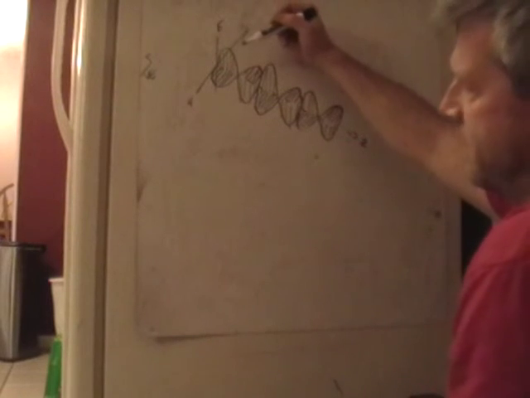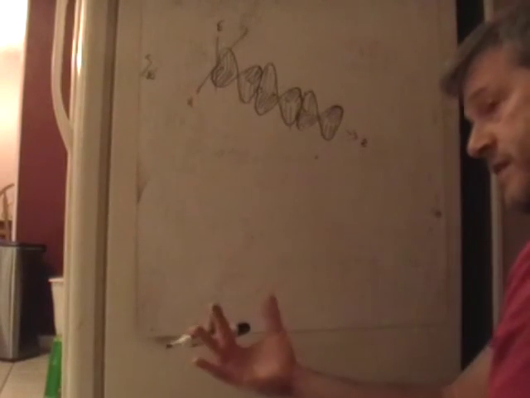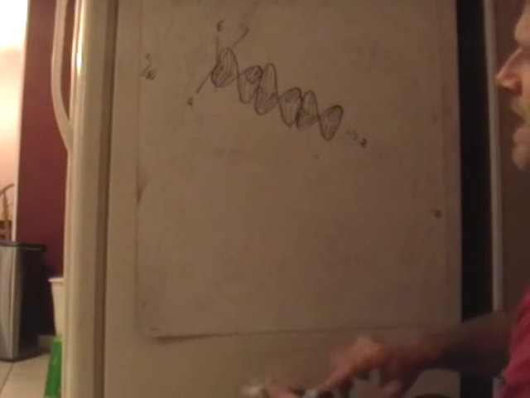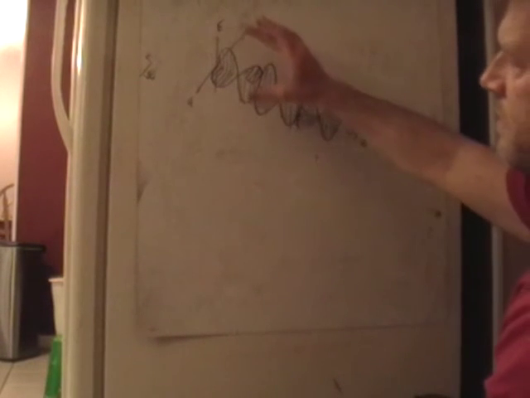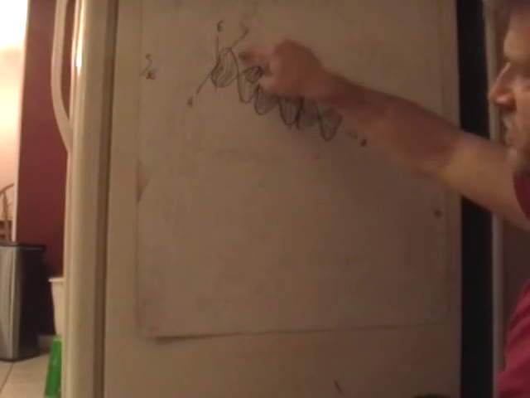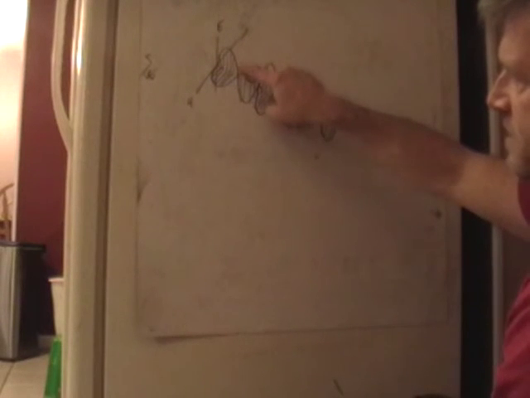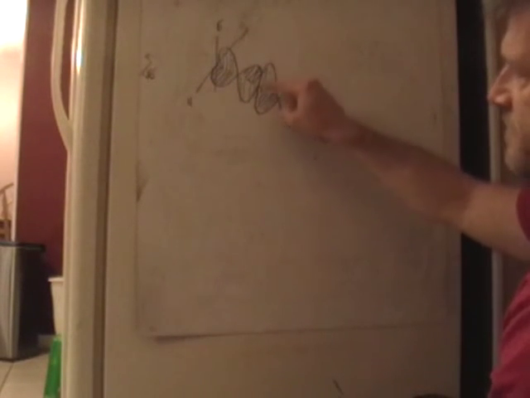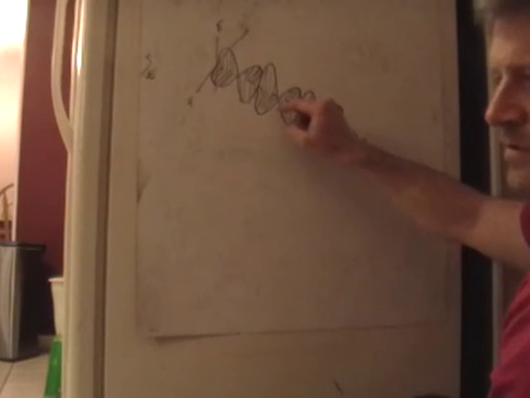So when we're talking about an electromagnetic wave, it has an E field and an H field. What happens is this one collapses and causes that one to grow. So energy stored in this field, as this collapses, gets put into this field. And then as this collapses, it gets pushed back into that field.